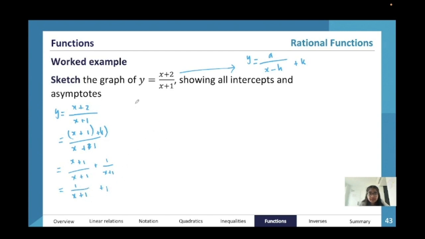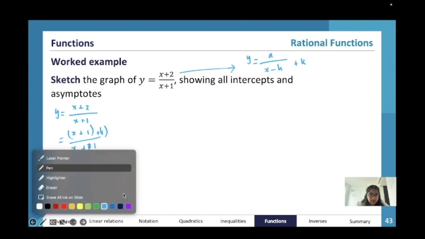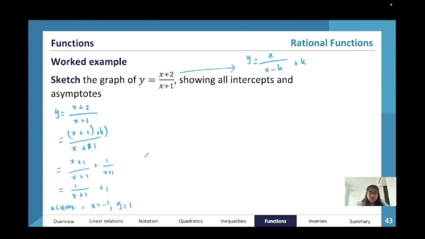Okay, now to find our asymptotes. So asymptote x equals negative 1, because x can't actually equal negative 1, and y equals 1. So now we've got our form, we've got our asymptotes. Okay, let's get the graph up. So I'll use a different color to make it very, very obvious.